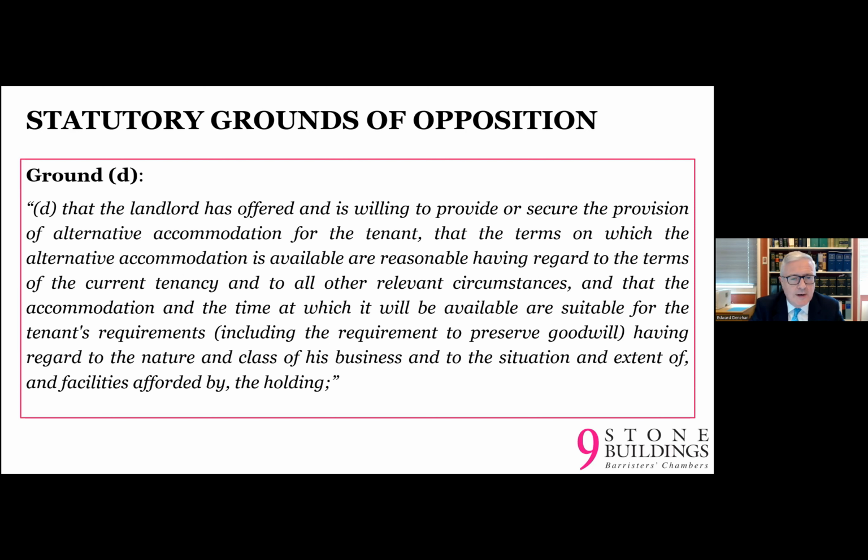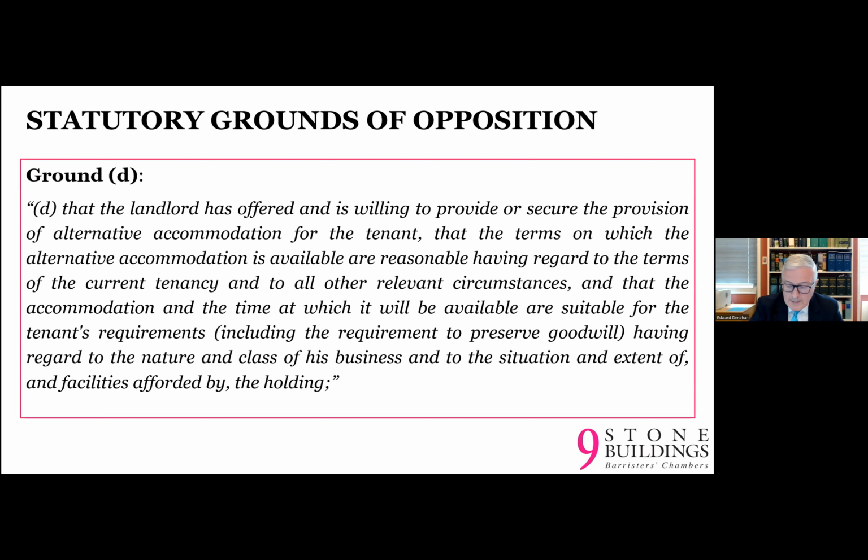And it is that the landlord has offered and is willing to provide or secure, note there, provide or secure, the provision of alternative accommodation for the tenant, that the terms on which the alternative accommodation is available are reasonable, having regard to the terms of the current tenancy and to all relevant circumstances, and that the accommodation and the time at which it will be available are suitable for the tenant's requirements, including the requirement to preserve goodwill, having regard to the nature and class of its business and to the situation and extent of and facilities afforded by the holding.